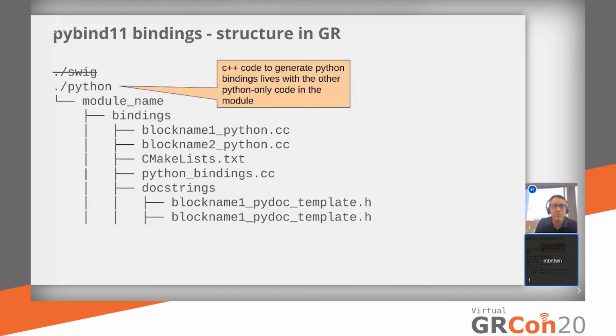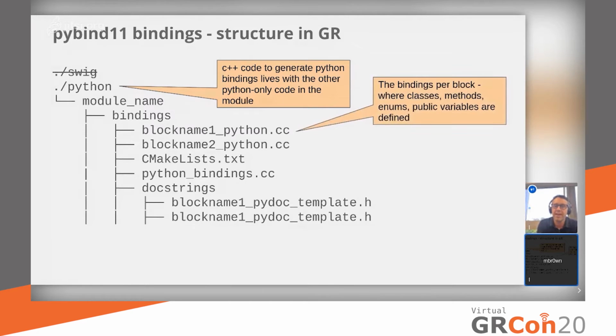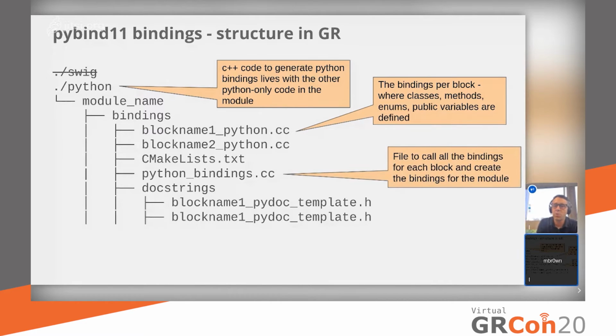Each block is going to have its own C++ file, its own compilation unit where the classes, methods, enums, and public variables are defined for that block. Everything that you do is there. And then there's one C++ file for the entire module that pulls all those together.